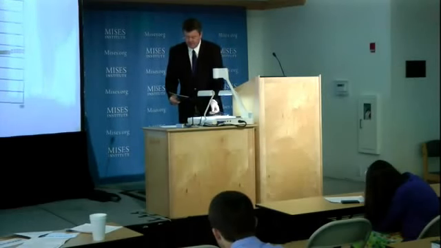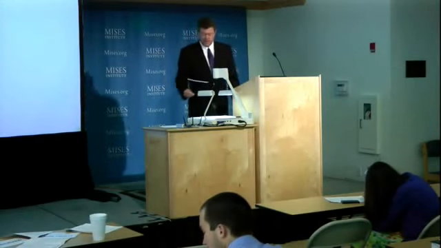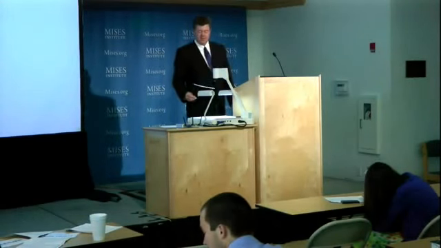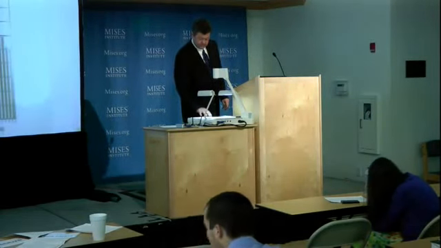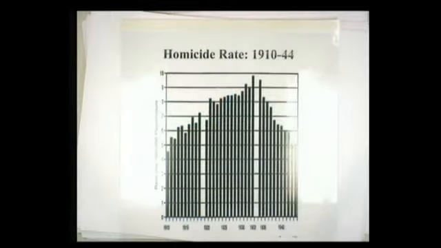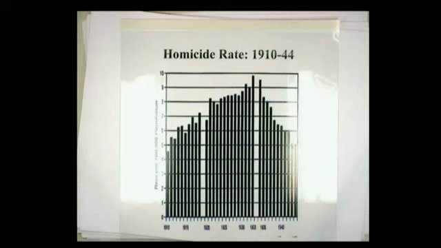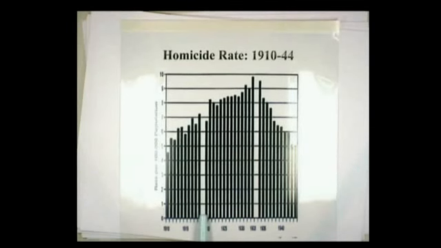This is the homicide rate, the number of murders per 100,000 population in the U.S. from 1910 to 1944. Prohibition begins here. The average murder rate in the pre-prohibition period is about 6 murders per 100,000 persons per year.